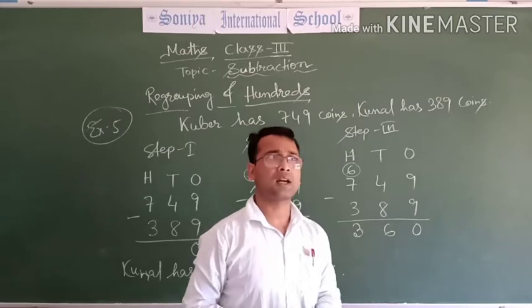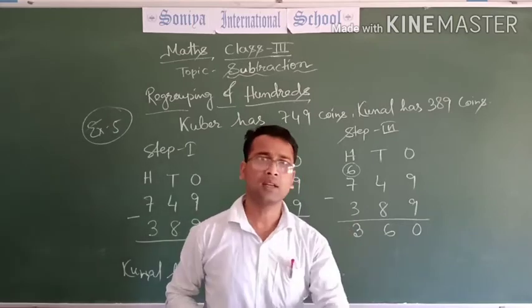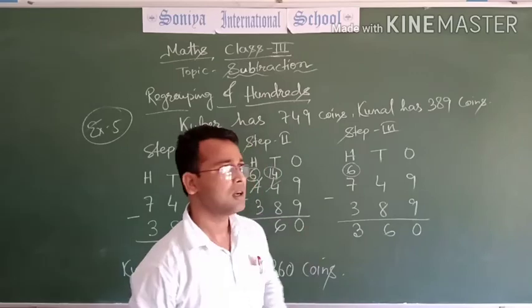Now the regrouping of twice, that means at a time tens and hundreds, or ones and hundreds.